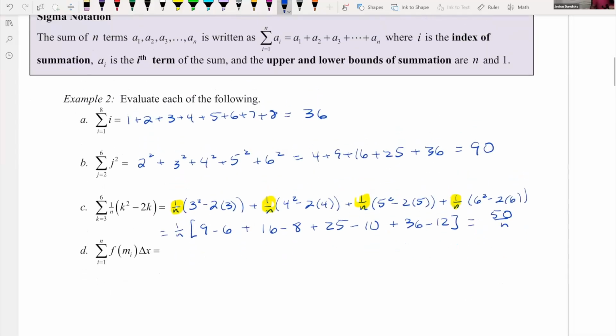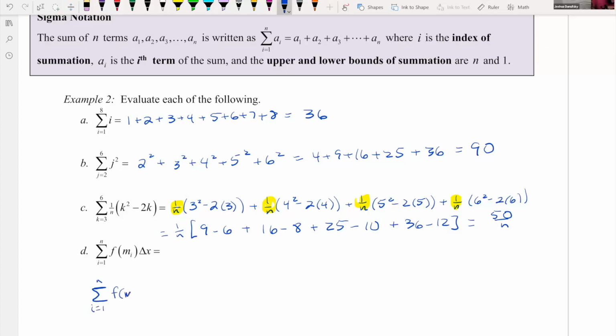This next one, we have f of m sub i times delta x, and i is going from 1 to n. Okay, so what's that going to look like? I'm going to rewrite it here. i equals 1 to n f of little m sub i delta x.